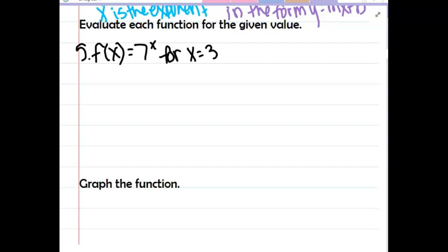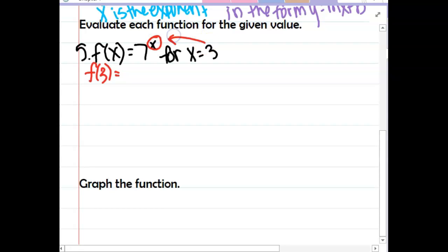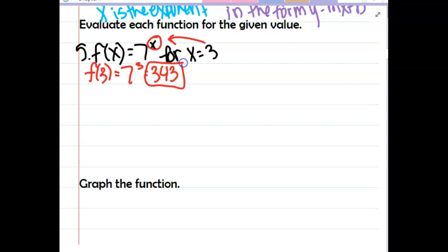Now what that looks like in function notation, we would call that f of 3. We want to find the value of f when I plug 3 into my function. Well, when I plug 3 into my function, it means I'm going to plug a 3 right there in for x. So it's going to be 7 to the third power, and 7 to the third power would give me 343. So just plugging that in for x.